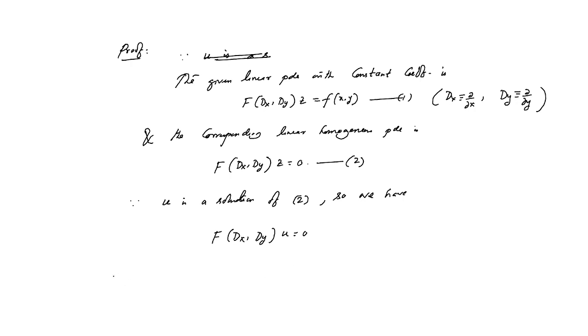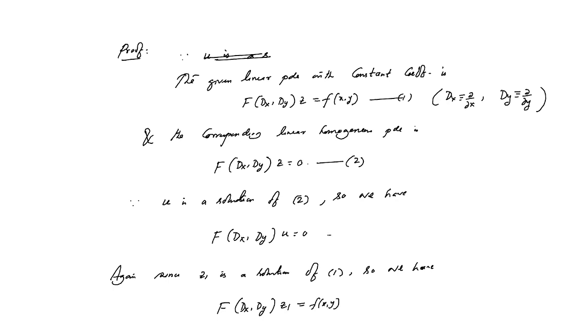And again since z1 is a solution, that is a particular integral of 1, we have f(Dx, Dy) z1 equals to f(x). So this is 3 and this is 4.